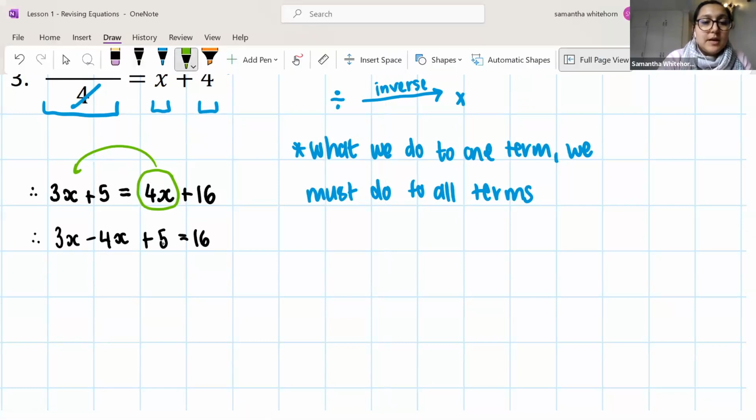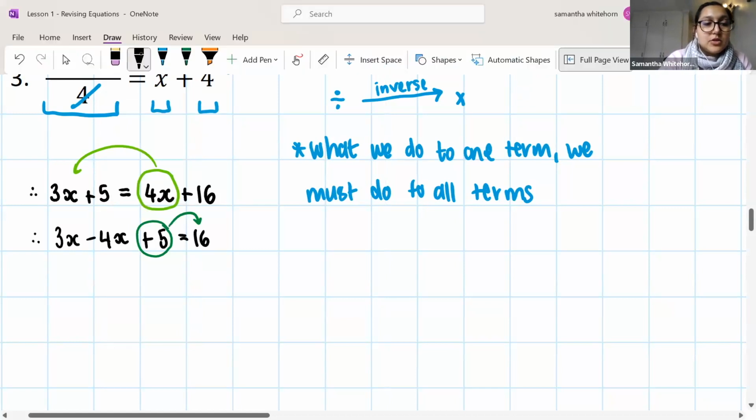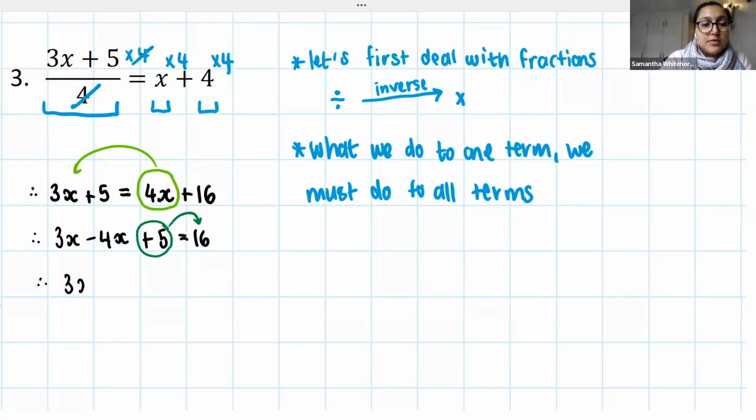Now I'm going to take the plus 5 on the left and move it to the right. And again, remember to apply inverse operations. So I've got 3x minus 4x is equal to, let's just write that a bit neater, 16 minus 5, inverse operations.